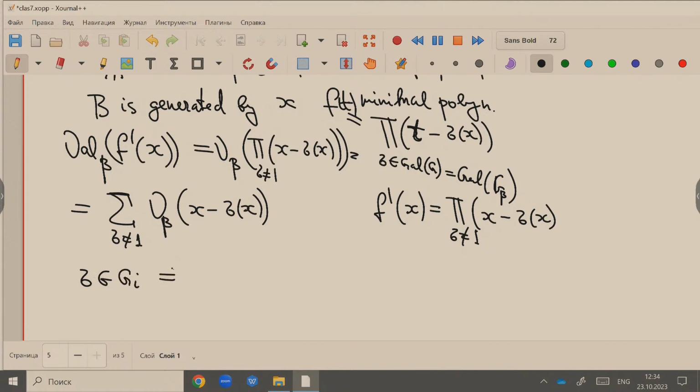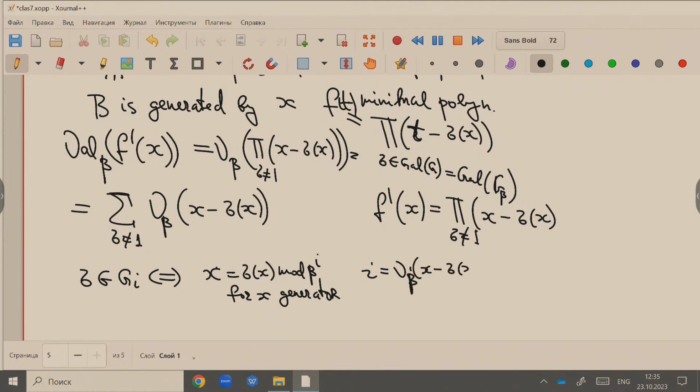So sigma belongs to GI if and only if x is equal to sigma of x modulo bi, for x the generator, precisely the element that we have taken here. So I is just the valuation of beta of x minus sigma x for generators.